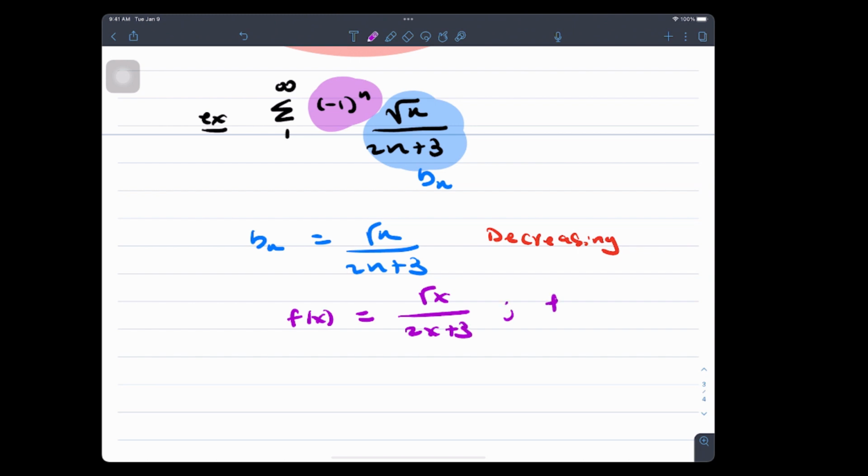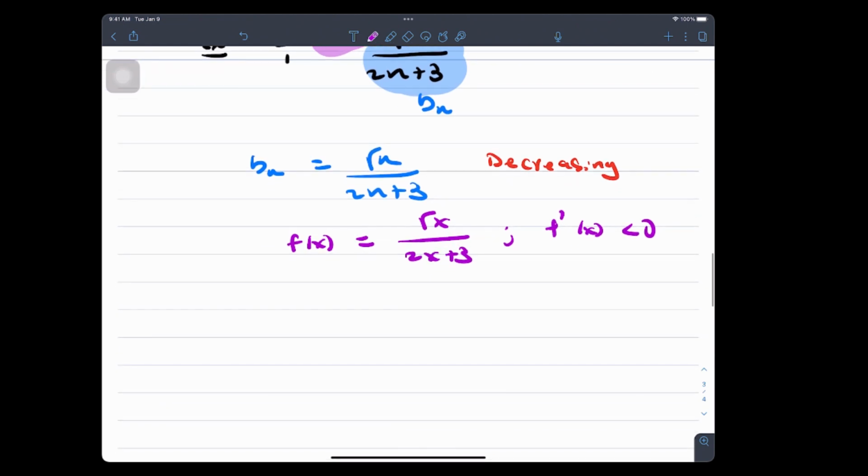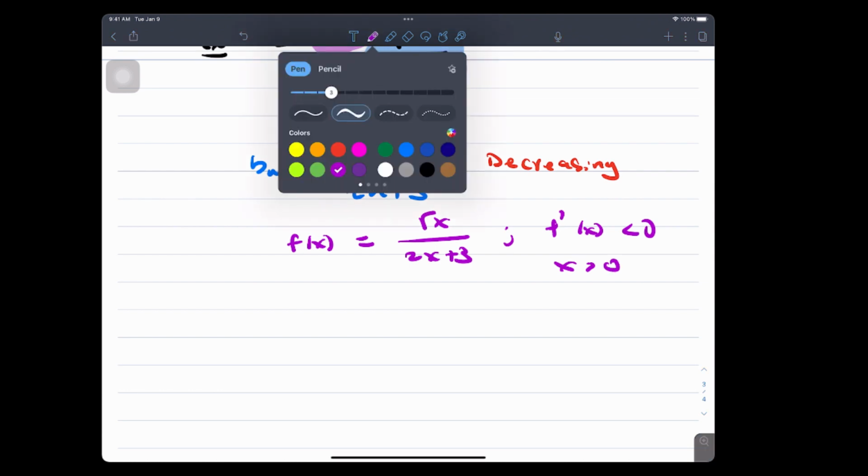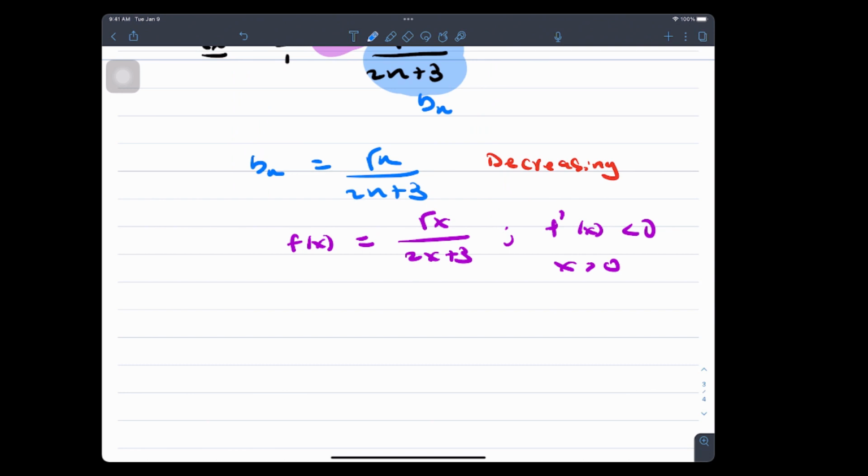You say, how do I know? Because that derivative will be negative over that interval, for these particular terms. So you can kind of look at that and you go, oh yeah, that derivative's negative for x greater than 0. Okay, so then we have to check what's the limit now here, right?